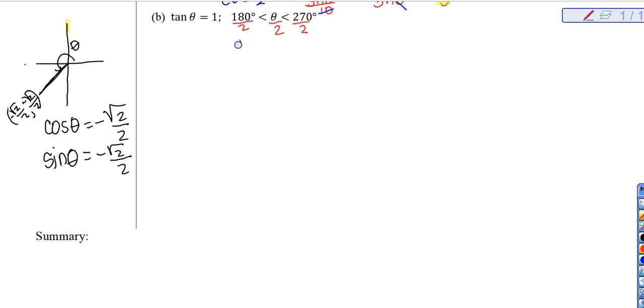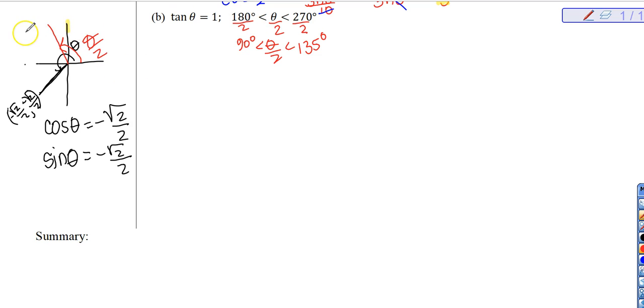So cutting 180 in half, we get 90 is less than theta over 2 is less than 135 degrees. So that means that this angle is somewhere between 90 and 135. So this angle right here is theta cut in half.